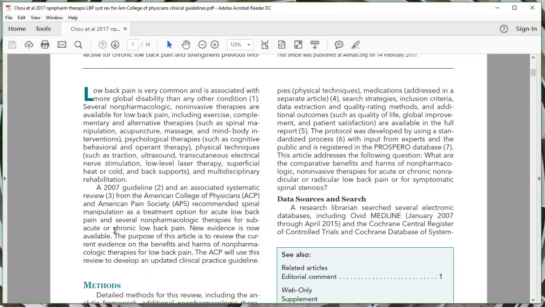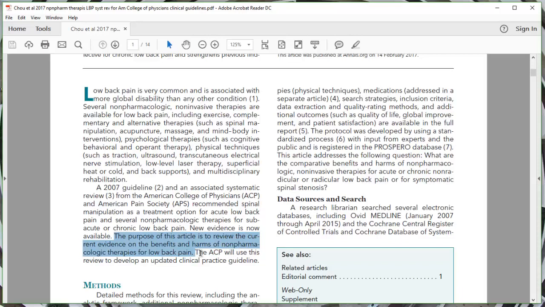So whatever the length of the introduction is, go to the very last paragraph before the methods. We want to pop up and we want to look for the purpose statement. And here it is, beautifully put. The purpose of this article is to review the current evidence on the benefits and harms of non-pharmacologic therapies for low back pain.